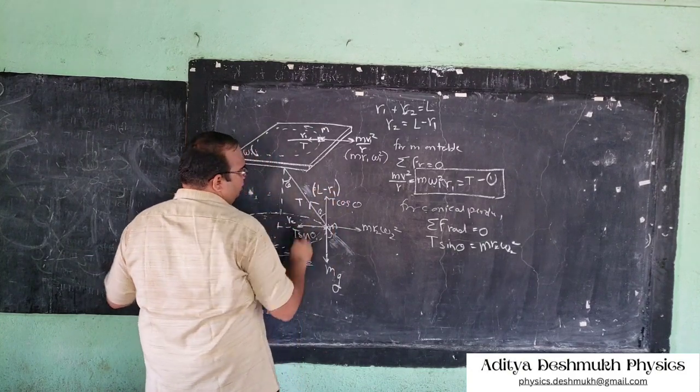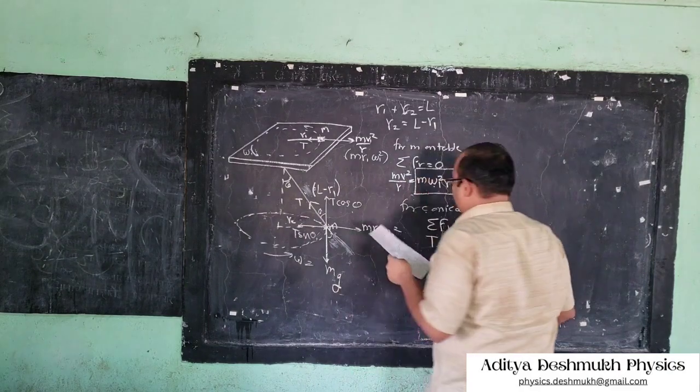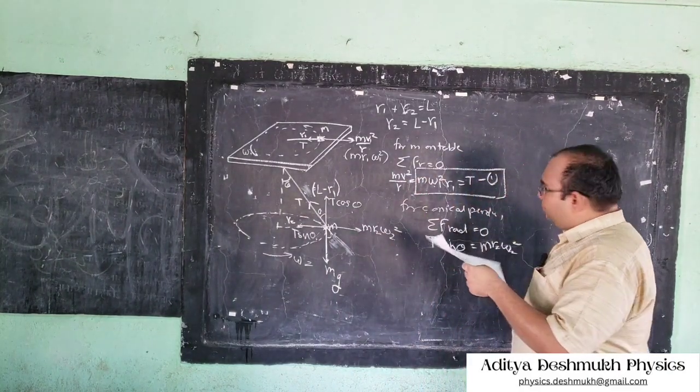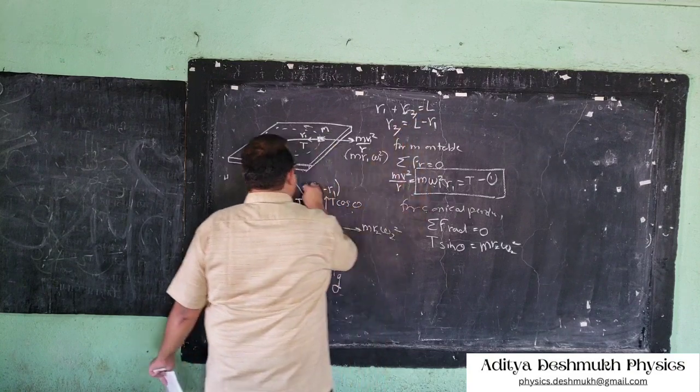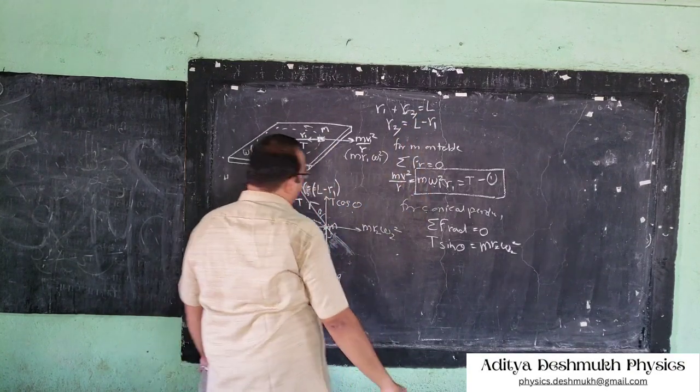This will be R2, the radius of the circle which the conical pendulum is covering. And let's say this is R3.